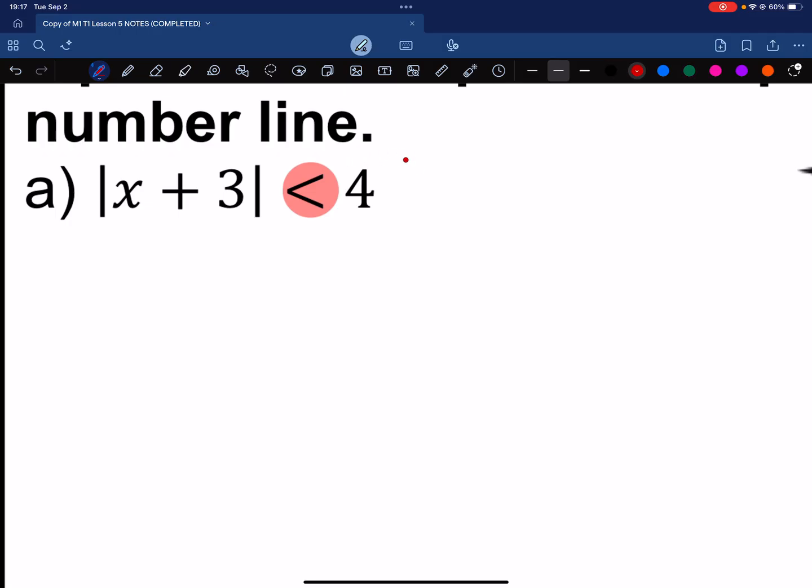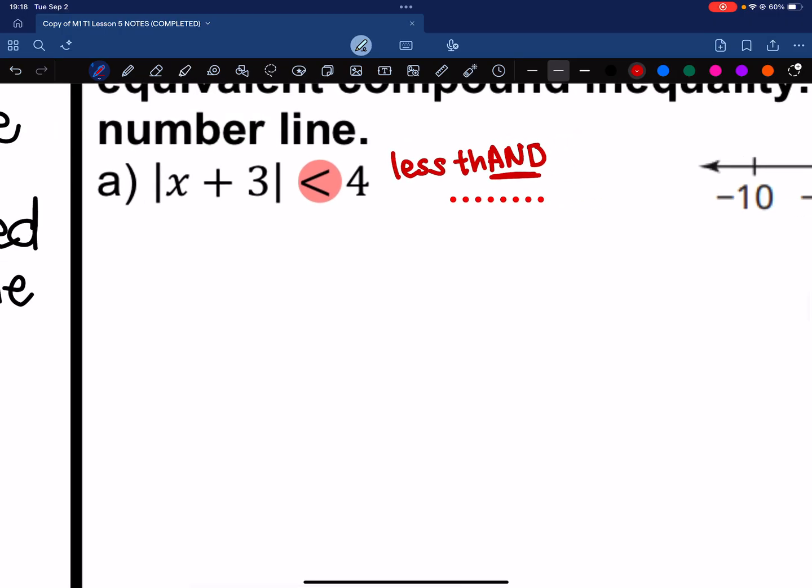So because it's less than, okay, keyword emphasis on the and. That means that we are going to take this and it's going to go in the middle, okay? And we're going to take the number, the 4, and we're going to put negative 4 on the left side, positive 4 on the right side, and now we're going to solve the equation.